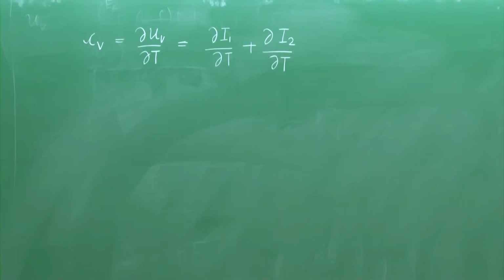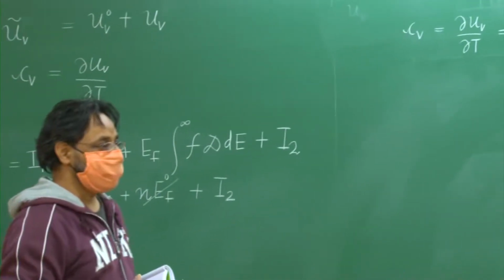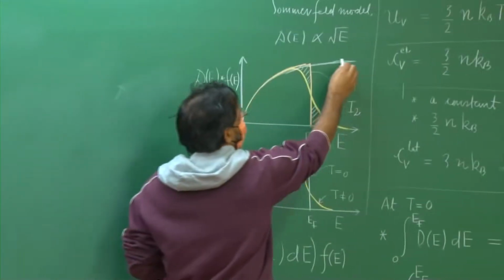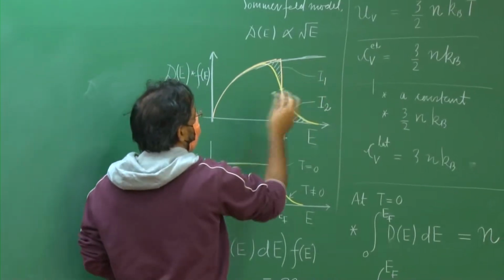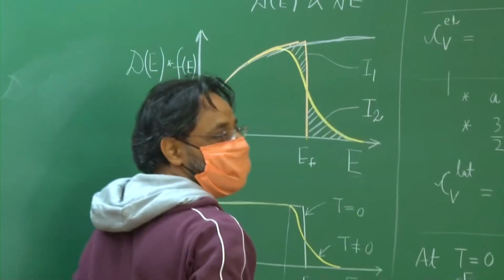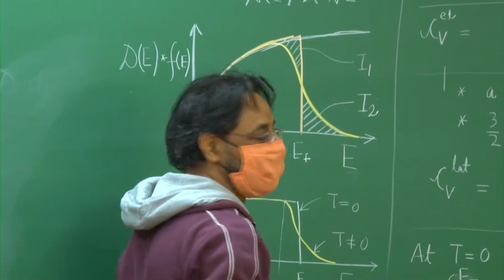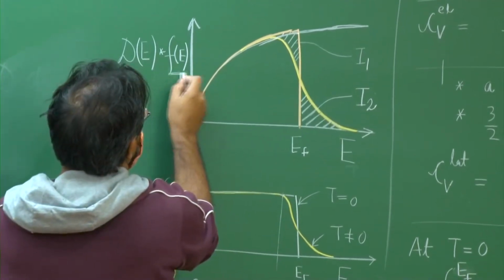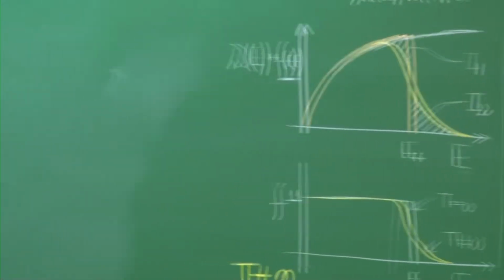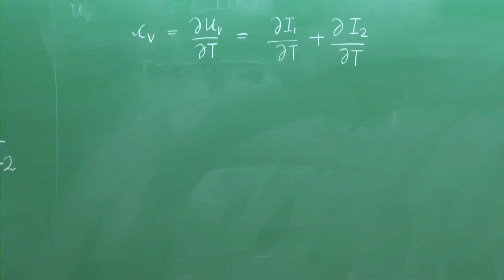You fill the states, their filling is temperature dependent, and that is governed by factor F. That is why I said the white line is the white line, that is the density of states. What will change is how you are occupying these states. Their occupancy is temperature dependent, right. So this factor is temperature dependent. The temperature dependency comes from here. So that is why when you take the temperature derivative, you will have only the del F del T term.